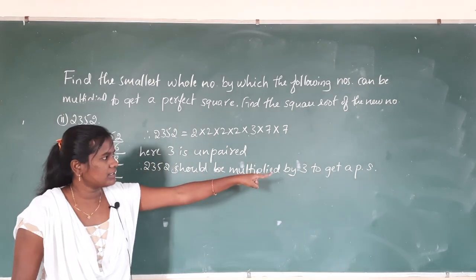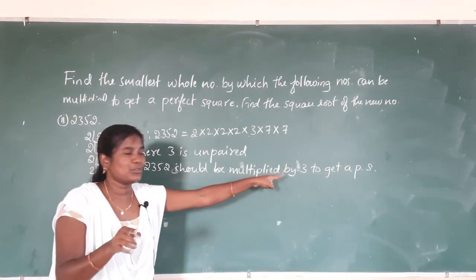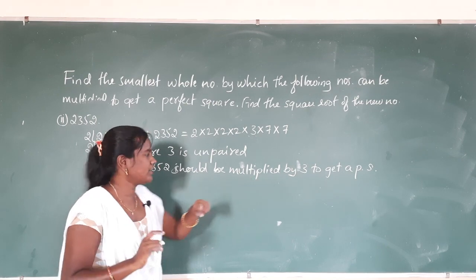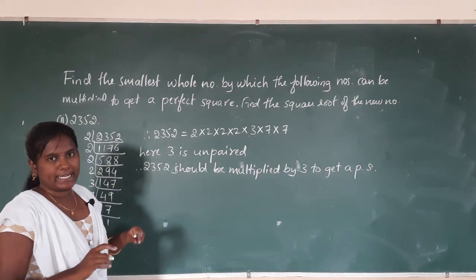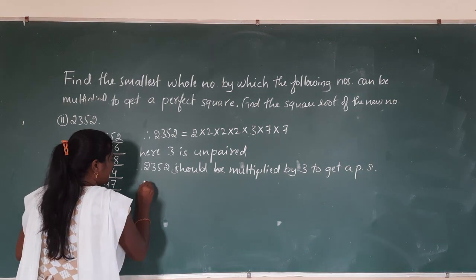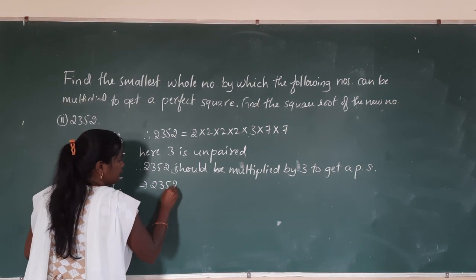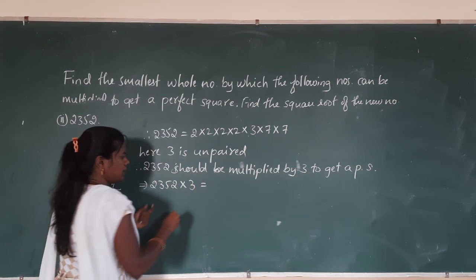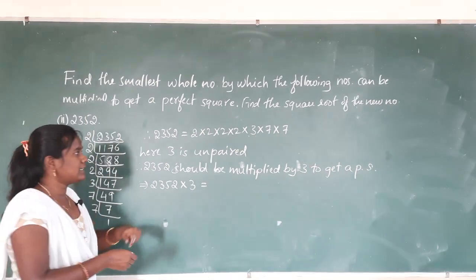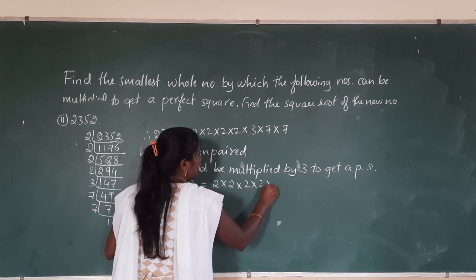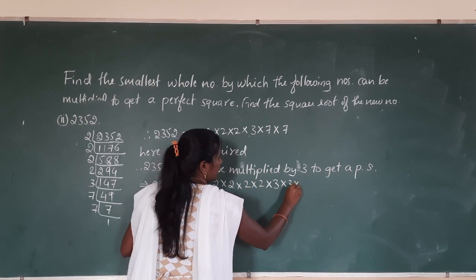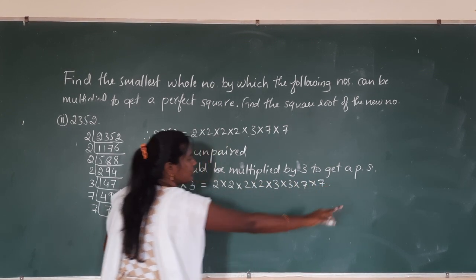I wrote it, but you write it as perfect square. So 2352 should be multiplied by 3. That implies 2352 into 3, because it should be multiplied by 3. Then on both sides we have to multiply: it is 3 into 3 into 7 into 7.